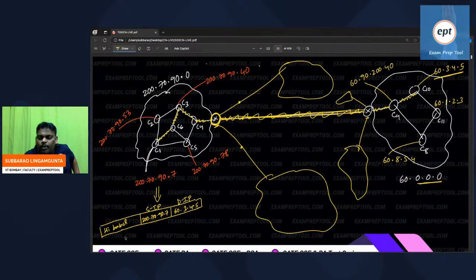Now, can anyone help: to send the data from one place to another, in between so many routers are there. They will find the correct path or not? They will find the correct path, and in that path they will go.